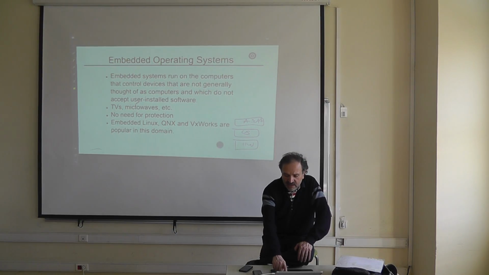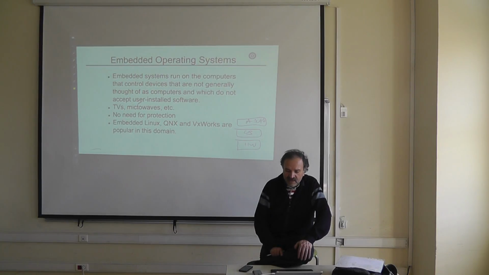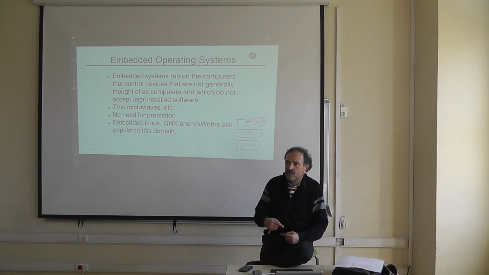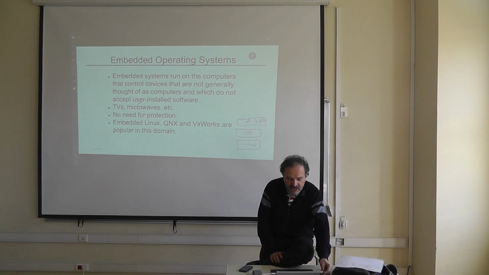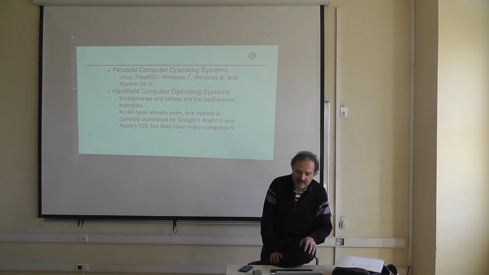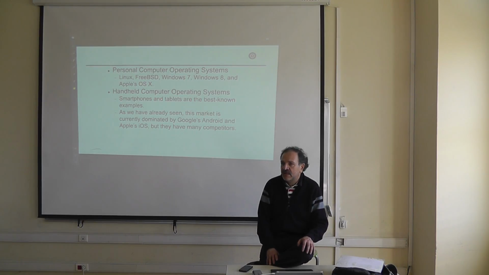When you produce the hardware, the operating system and the application software, you know from the beginning that you're going to run this software on this hardware. So you can be very careful about your application. The problem with the personal computer operating system is that the designer of the operating system doesn't know what kind of application is going to run on it, right? That's why it has to be prepared for all kinds of situations.